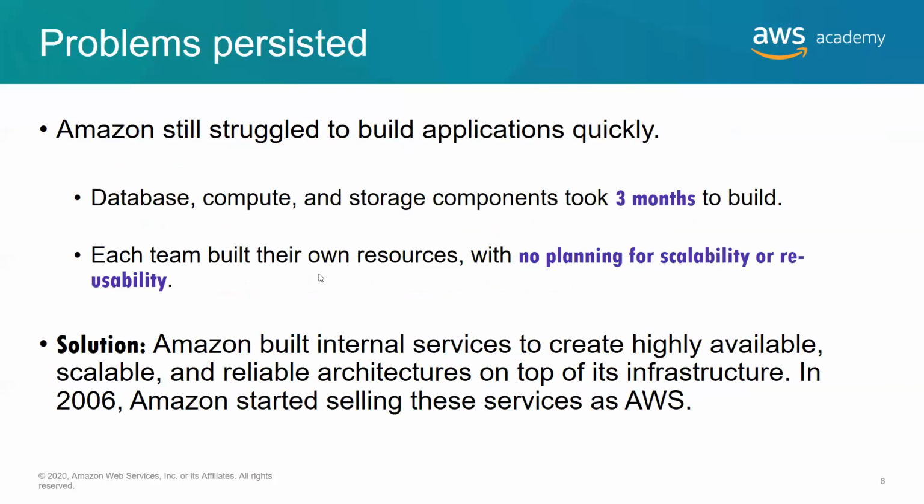Amazon was still struggling to build applications quickly. Database and compute storage components took 3 months to build, as each team built their own resources with no planning for scalability or reusability.